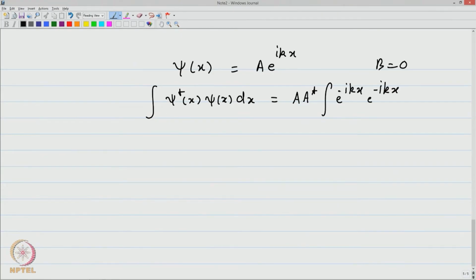This is minus, this is plus, so psi star psi from minus infinity to plus infinity is A star integral from minus infinity to plus infinity of 1 dx, and that is infinite. Okay. And you can show the same thing for the cross terms. Therefore, a boundary is needed.